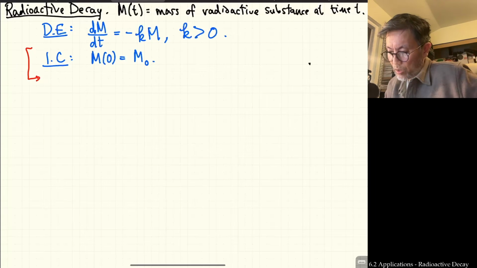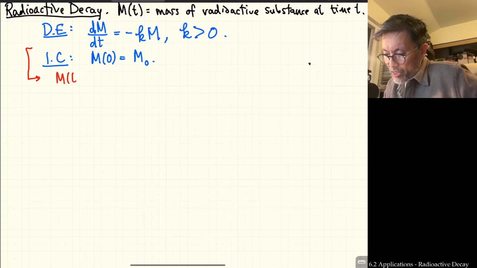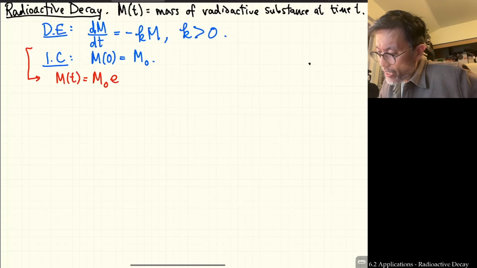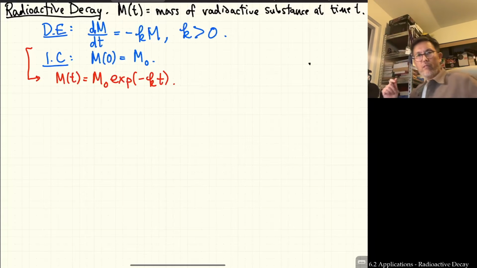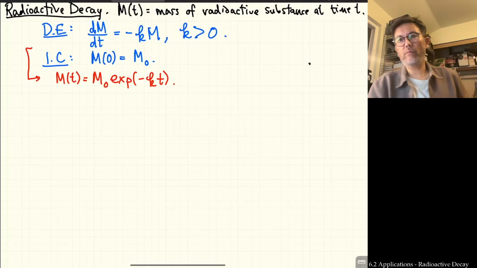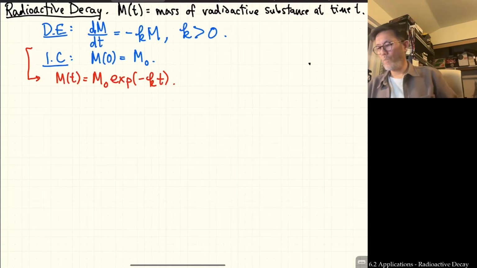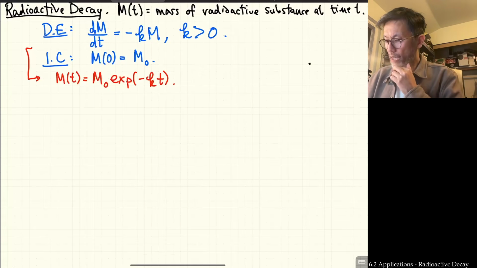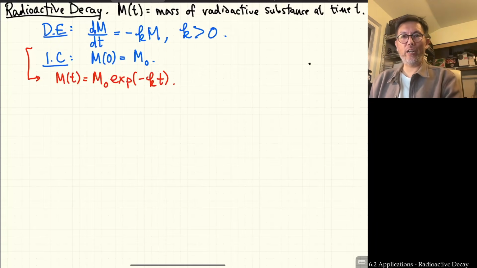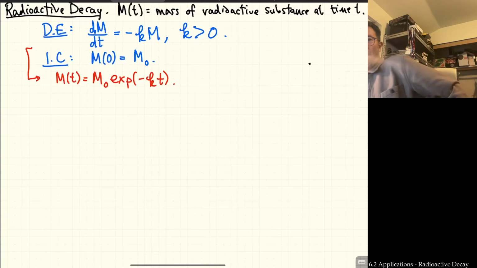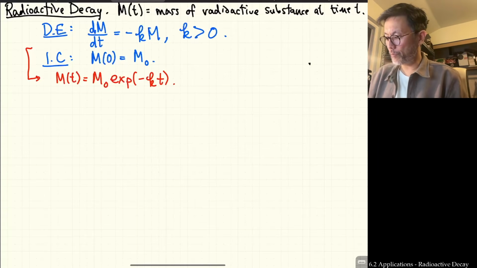The solution to this equation is therefore m of t is equal to m sub 0 times exp of negative kt. This is how much mass there is at any particular time t. And if you want to understand how that happened, just look at past videos, because I think I've solved this at least twice now explicitly.